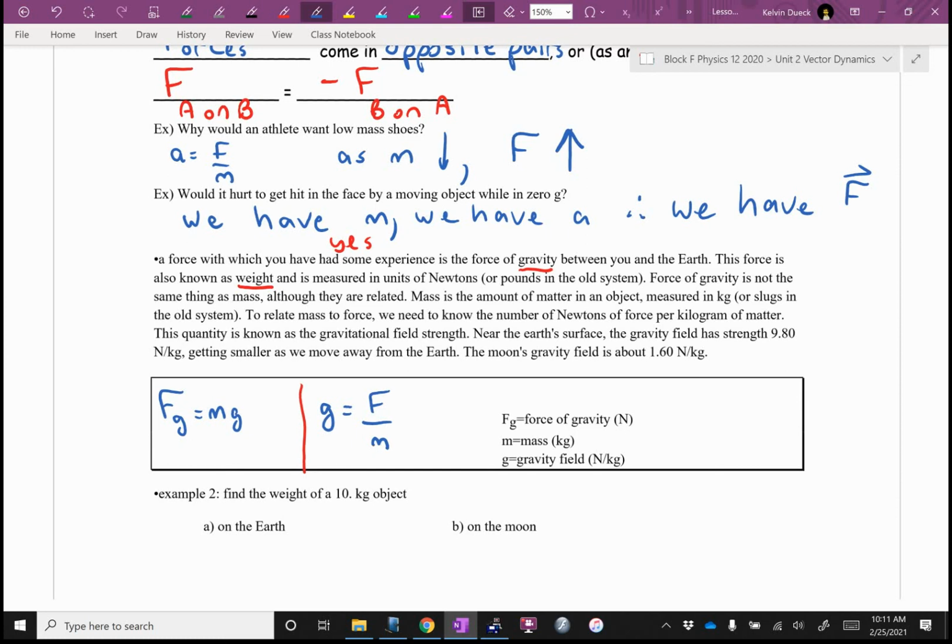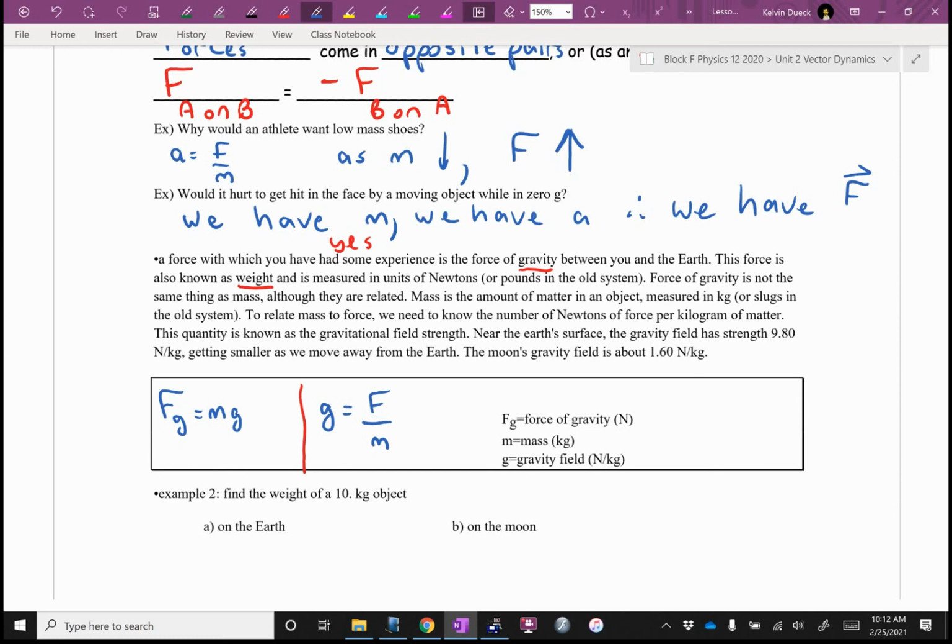So the reason g is what it is is because Earth has a gravitational field strength of 9.8. If we were on the moon, it'd be just less than 2. If we were on Mars, it'd be a little above 3.